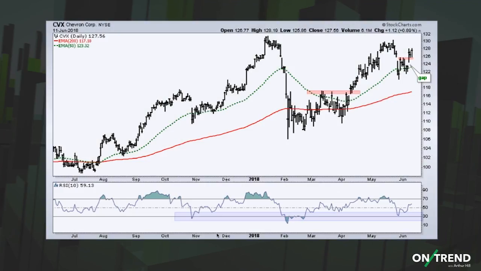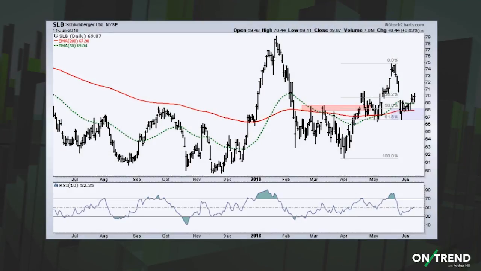Now, as far as some stocks, I've got Chevron here, which has got a gap up, kind of like XLE, the breakout, the pullback, and now we got that gap up. As long as that gap holds, I would expect Chevron to continue higher. We've got Schlumberger here, similar situation. You can see it had a deeper pullback there, but it's hitting that zone.